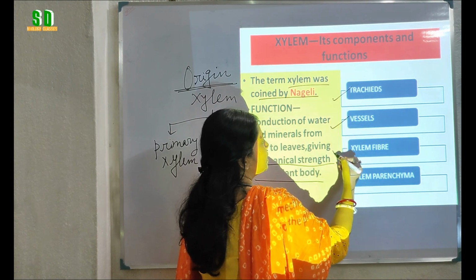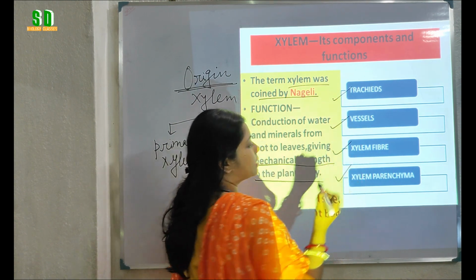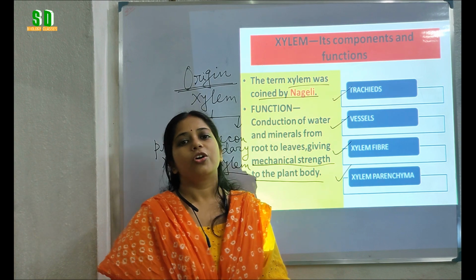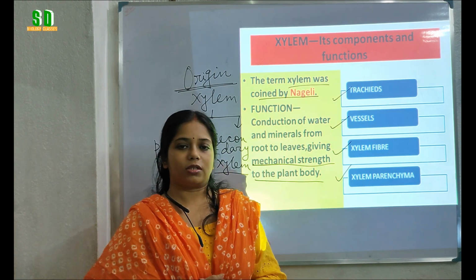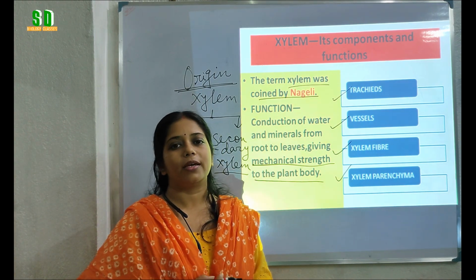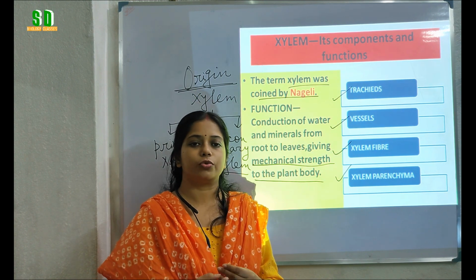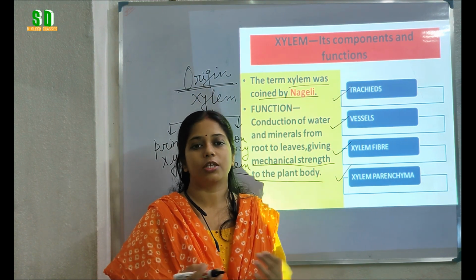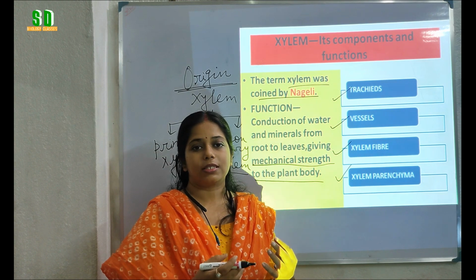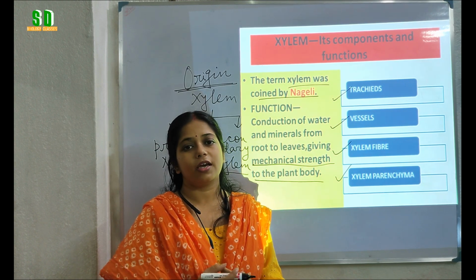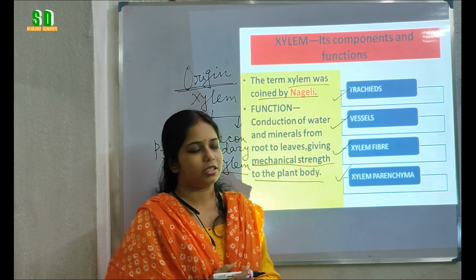Tracheids, vessels, xylem fiber, and xylem parenchyma. In the very first stage of the video, I have told you that xylem tissues are made up of different types of cells. Some of these cells are living and some of these cells are dead.